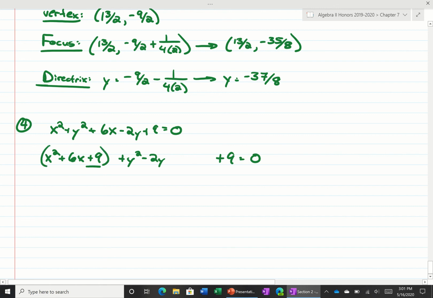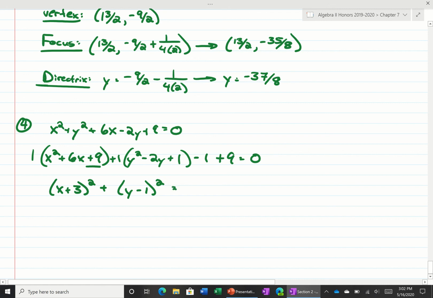That's, of course, factoring out a 1 first. And once we factor out a 1 here, half of -2 is -1, -1 squared is 1. So this would be (x plus 3) squared plus (y minus 1) squared.